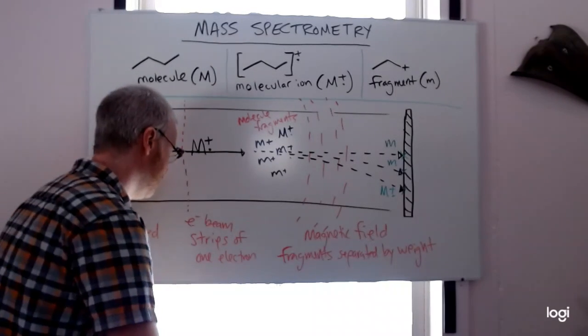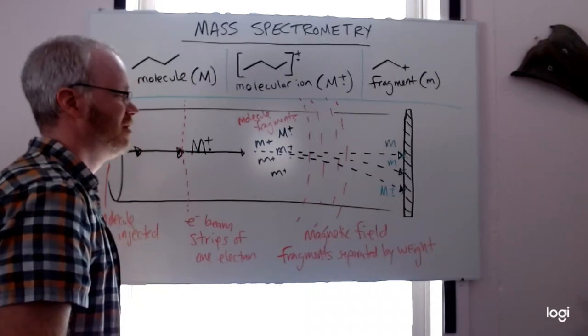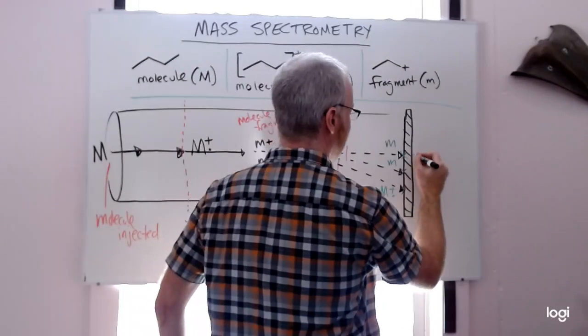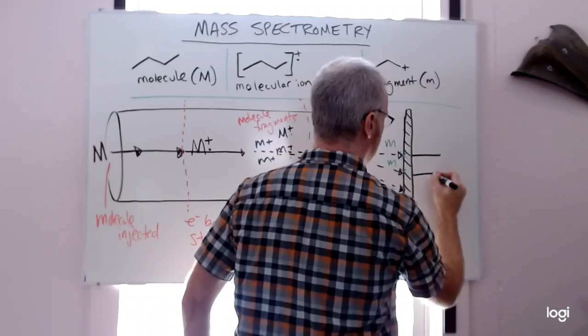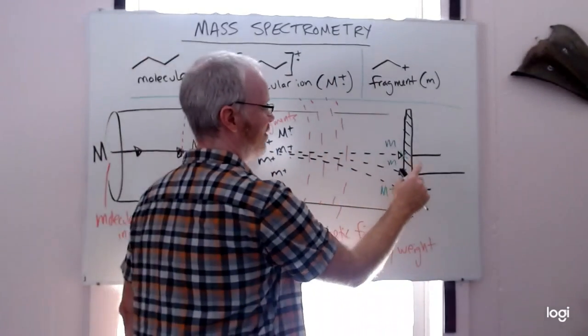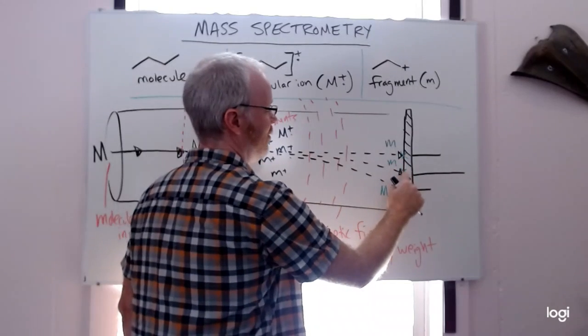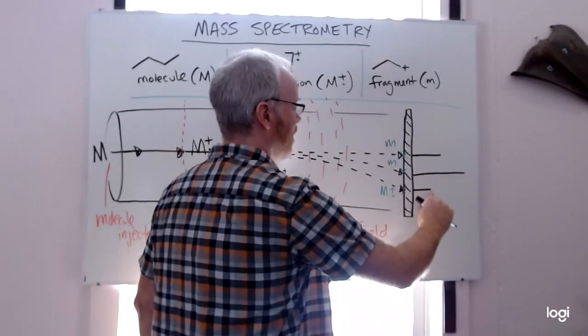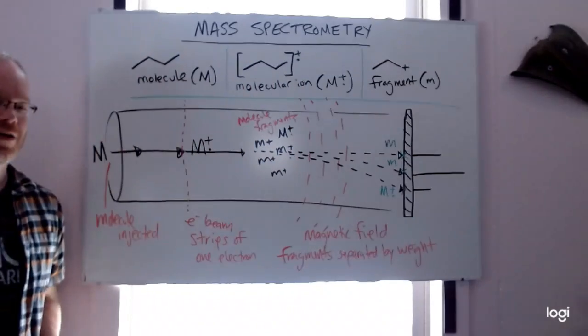And the more abundant those fragments are, the bigger the signal you get. So this is essentially turned into your mass spectrum. So if this hits 500 times, 1,000 times, and 250 times, you get proportionate signals to how many fragments you have.